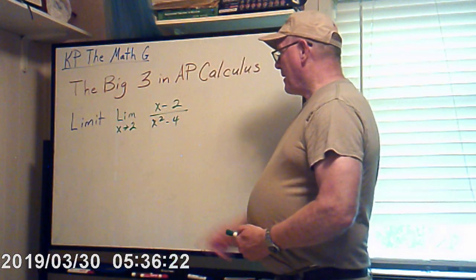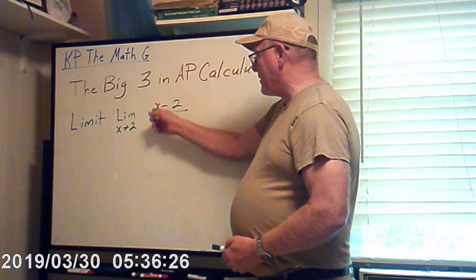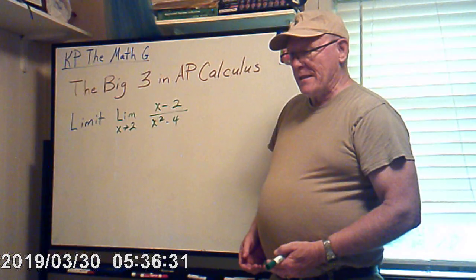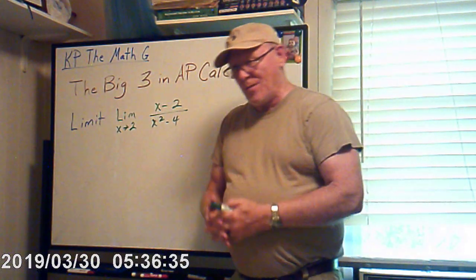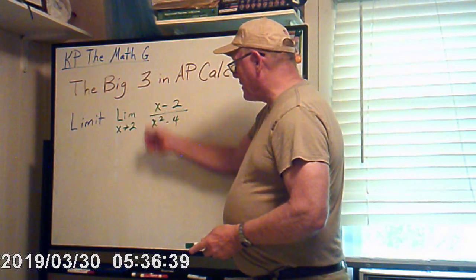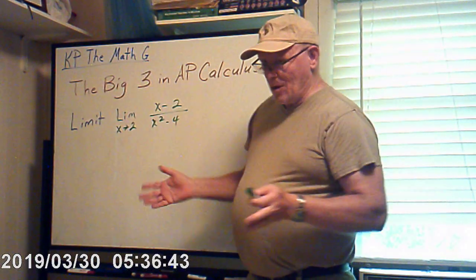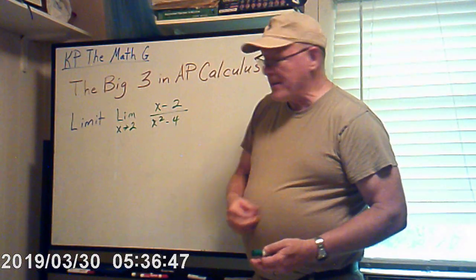Okay, if a numerator and the denominator both give you 0, you can apply L'Hopital's rule. There are other cases where you can apply L'Hopital's rule, but in this particular case you can. Some cases you cannot. And I will get into L'Hopital's rule a little bit later when we get into derivatives.